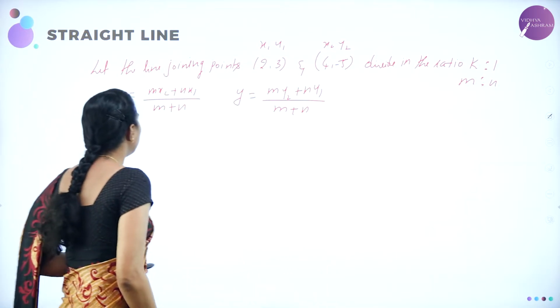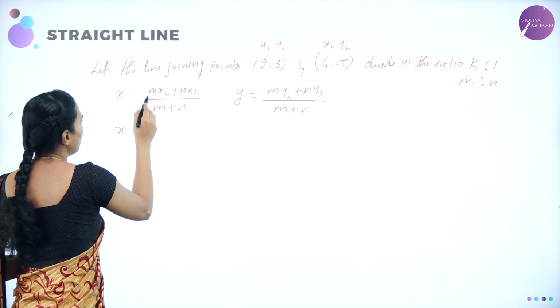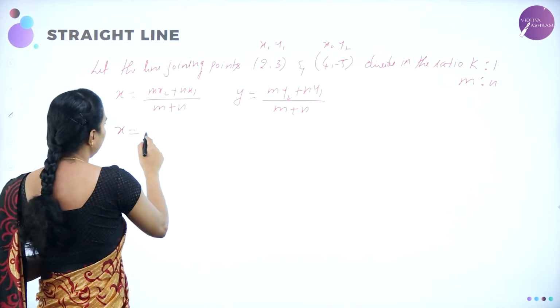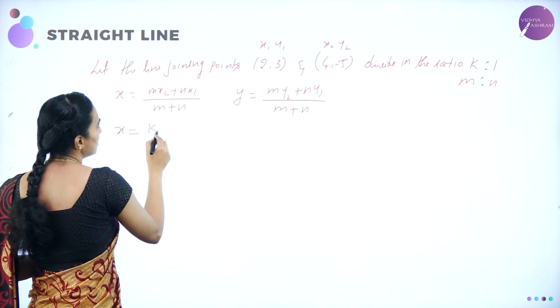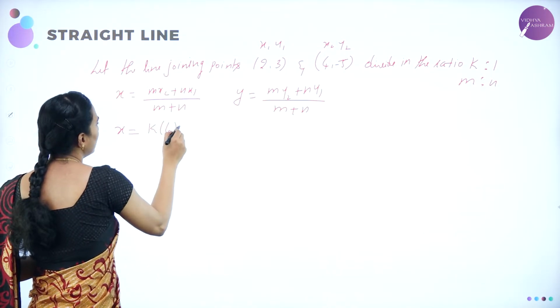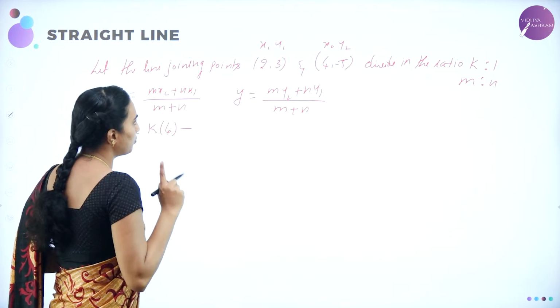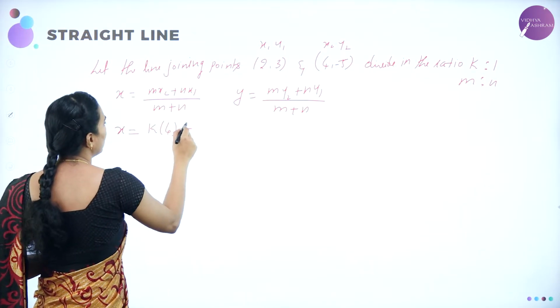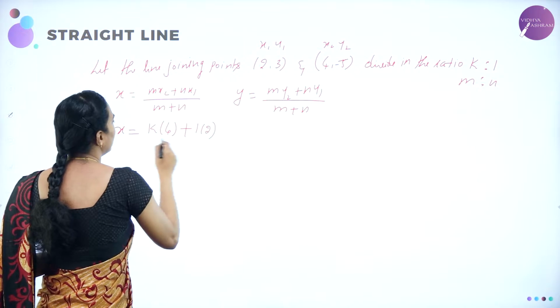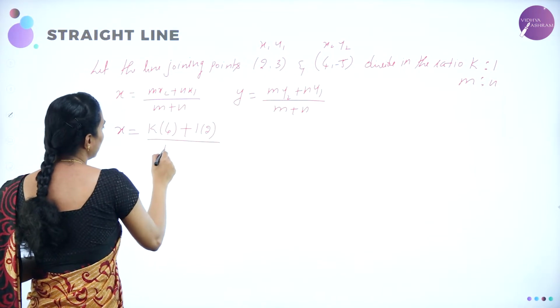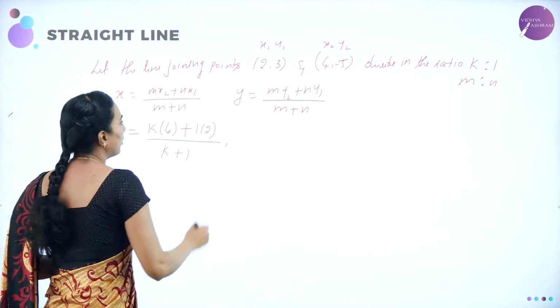So x will be m times x2, which means k into the x2 value 4, plus n x1, where n is 1 and x1 is 2, so 1 into 2, divided by m plus n, which is k plus 1.